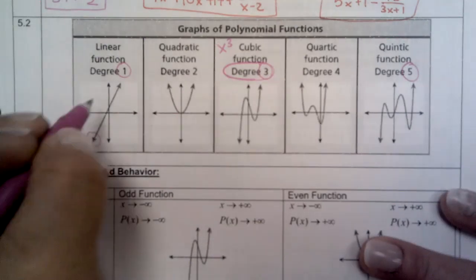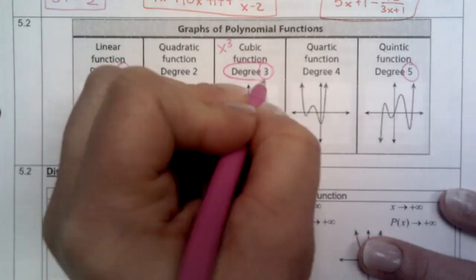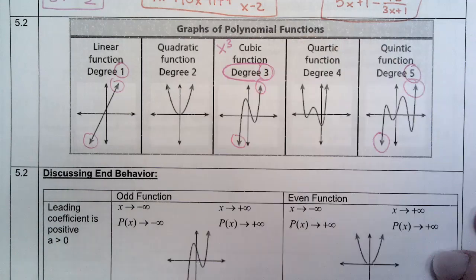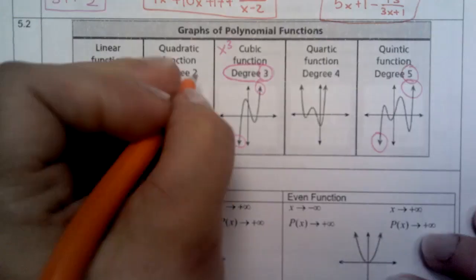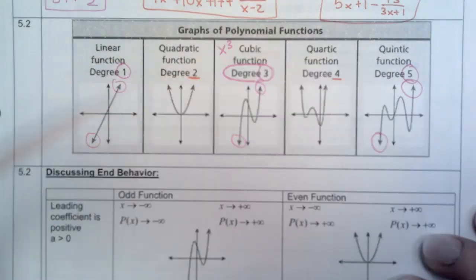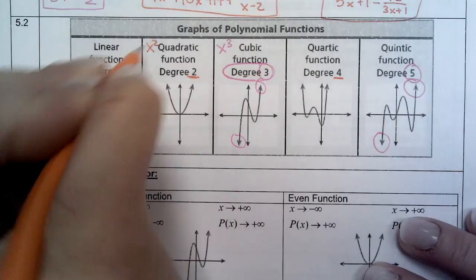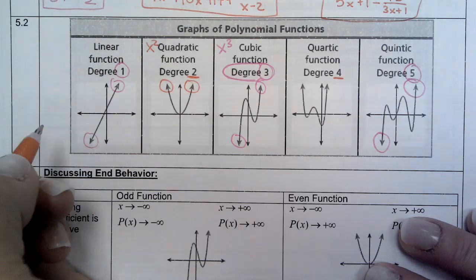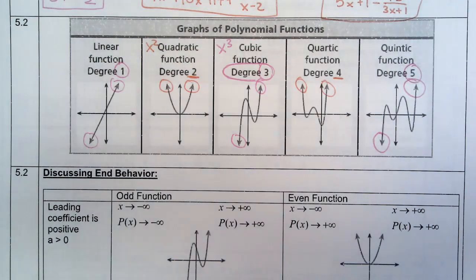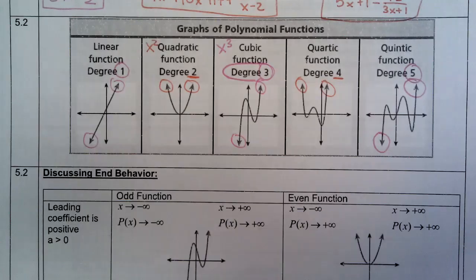One end and the other end, one end and the other end. Then we have here our even functions, and they all look like our x squared functions. They're both going in one direction. Both the ends are. So that's what we're going to want to pay attention to.